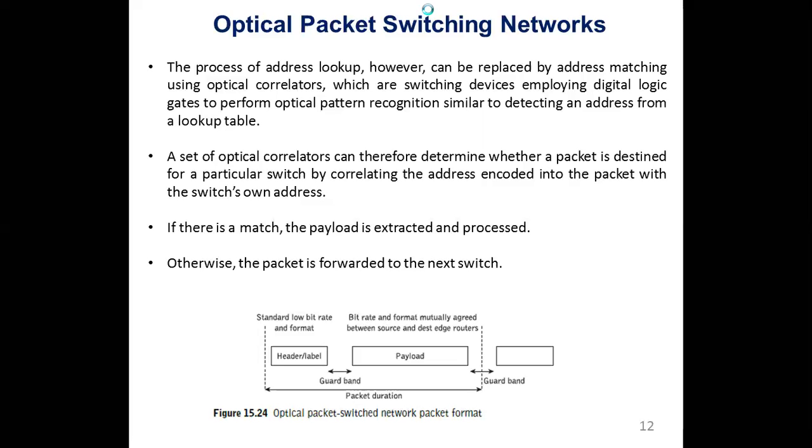There can also be random wavelength assignment. Let's say there are 10 wavelengths, then a random wavelength from all of those can be assigned. This is an efficient technique because you are not prefixing any kind of wavelength which is being assigned.